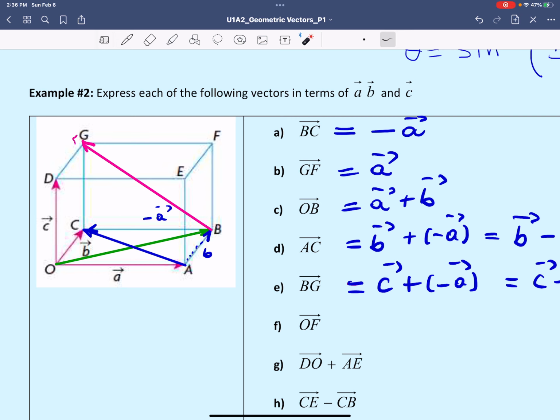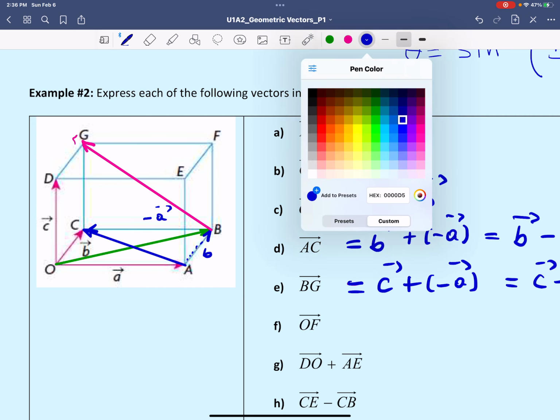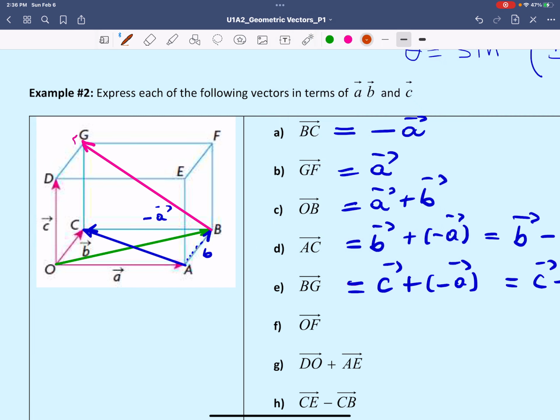And this angle here would be 90 degrees. Let me quickly draw this. I'm going to use a more unique color, orange. So here is vector OF. OF would be equal to vector OB plus vector BF.